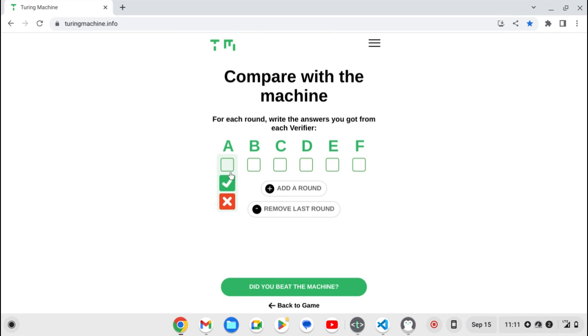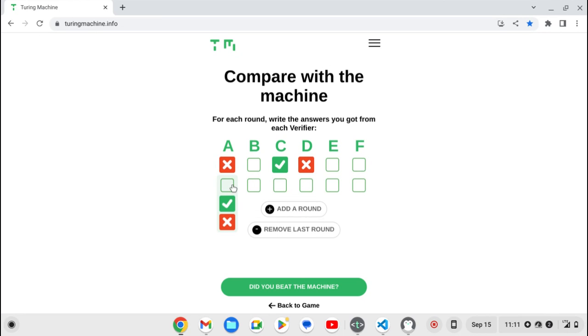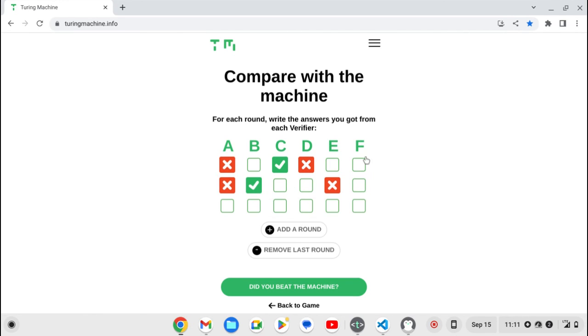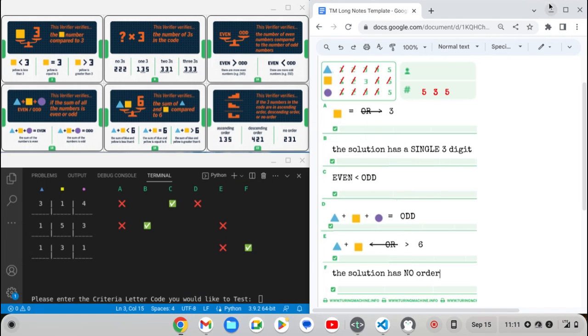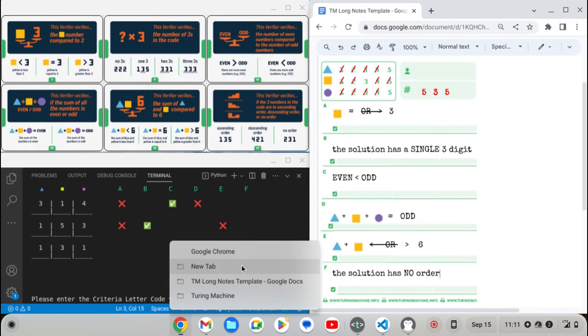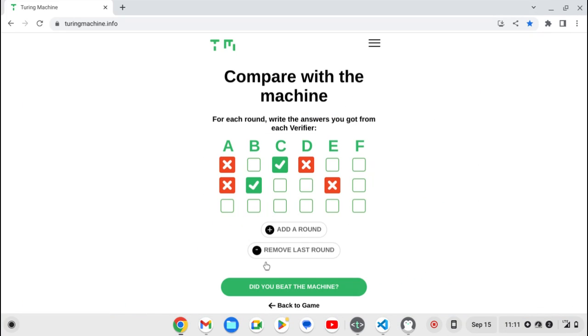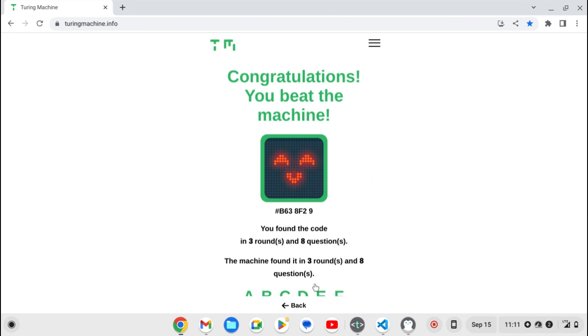So we did ACD, and then we did ABE, and the middle ones were correct. And I already forgot how we did. I know we did EF, and the last one was correct. So E was incorrect and F was correct. How do we do? Okay, yeah, we tied it.